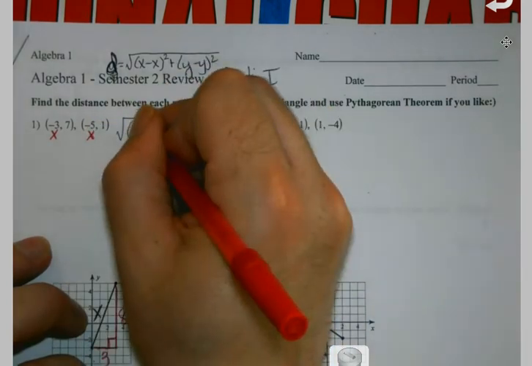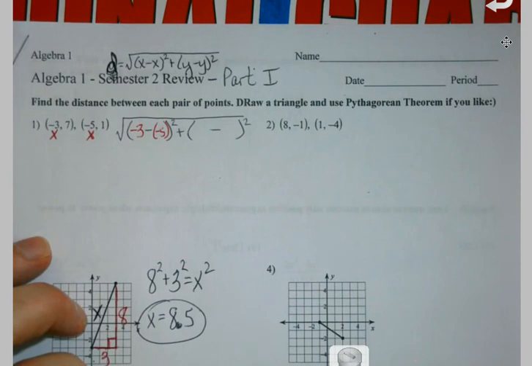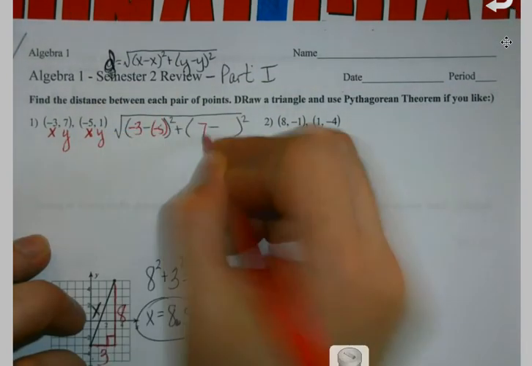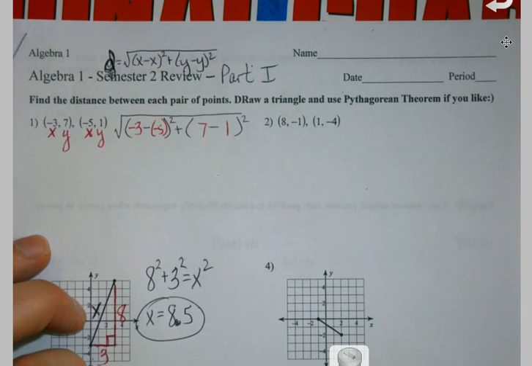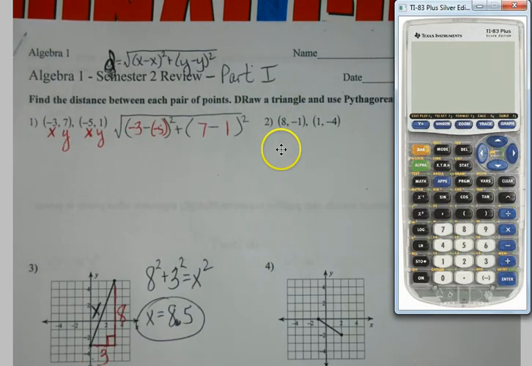So I have -3, -5. And then for my y's, I've got 7 and 1. And similar to what we talked about earlier with the quadratic formula, I wouldn't do the square root part right away.